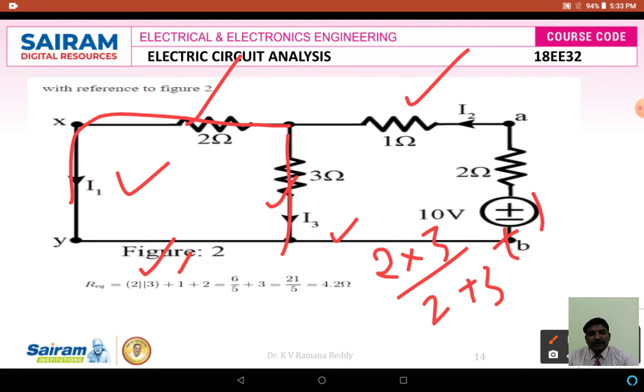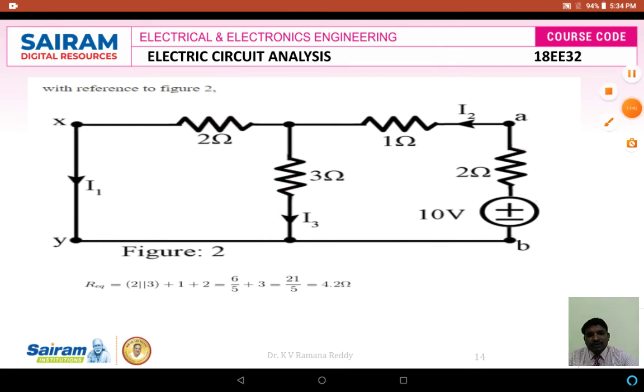That means 6 by 5 plus 1, and again plus 2, so 6 by 5 plus 3, which is equal to 21 by 5. It is almost equal to 4.2 ohms. Now we got R equivalent equal to 4.2 ohms.